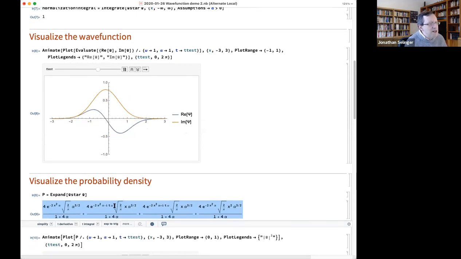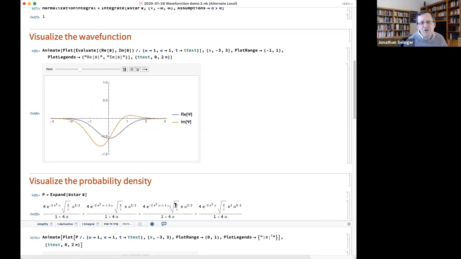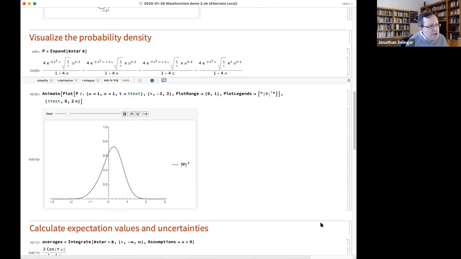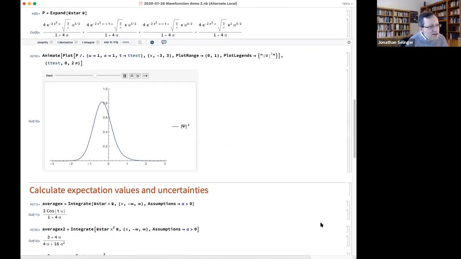Okay, but in term number 2 there, and term number 3, there's some times. Okay, so there's some time dependence now. So I can make a plot of the probability density, and it now is not quite as boring as the last plot, right? Because now the probability density is sort of sloshing back and forth.